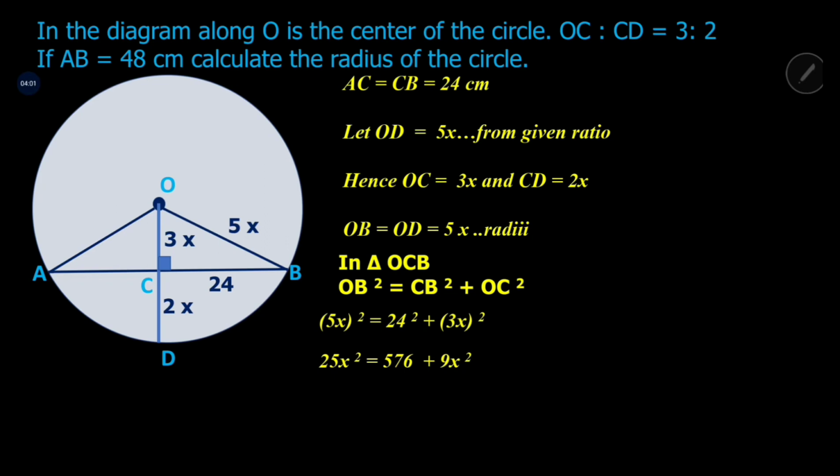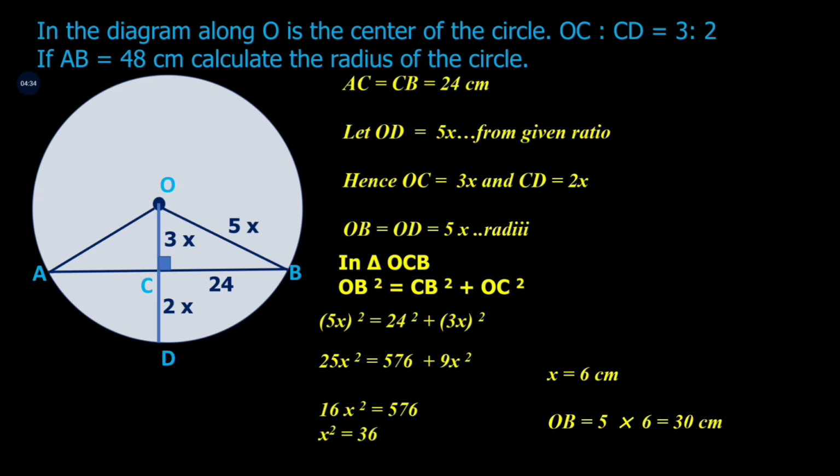Subtract 9x squared from both sides. You remain with 16x squared is equal to 576. If we divide both sides by 16, we get x squared is equal to 36. From here we take the square root of both sides. x is 6 centimeters. But we want the radius of the circle. So the radius is going to be 5 times 6, which is 30 centimeters.